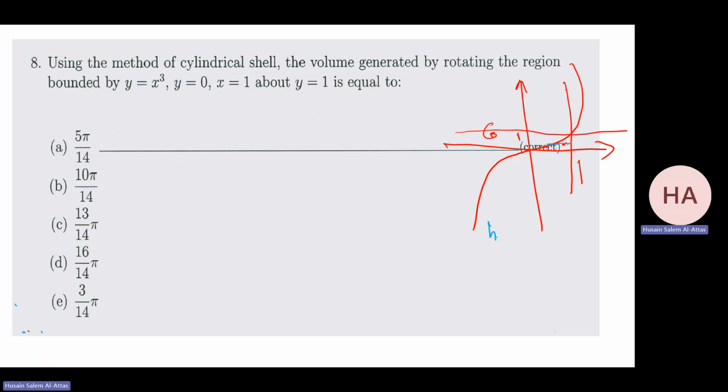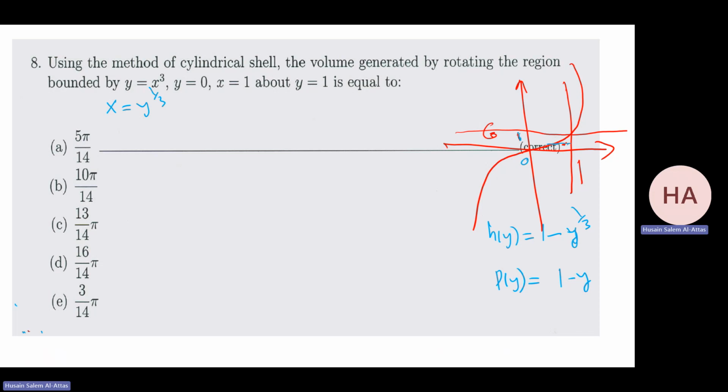So I have h of y will be what? 1 minus the function, but I want it in terms of x. So x equals y to the power 1/3. So 1 minus y to the power 1/3. And b of y, if this is y, it will be 1 minus y. And from where to where?